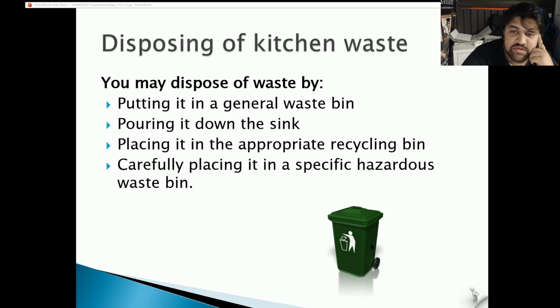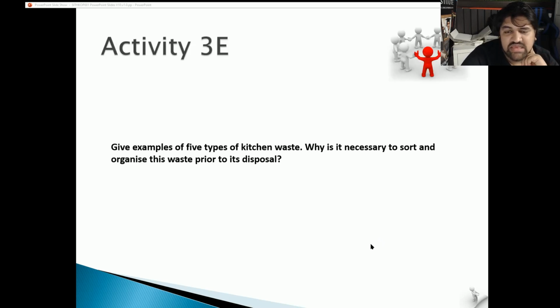You may dispose of waste by putting it in a general waste bin, pouring it down the sink, placing it in the appropriate recycling bin, carefully placing it in a specific hazard waste bin. Give examples of 5 types of kitchen waste. Why is it necessary to sort and organize this waste prior to its disposal?